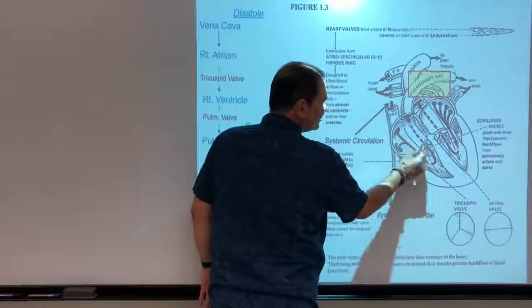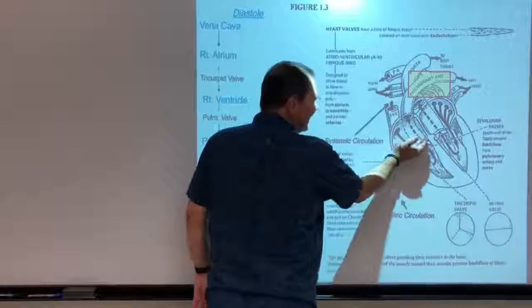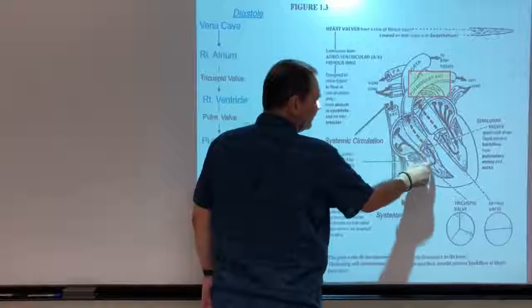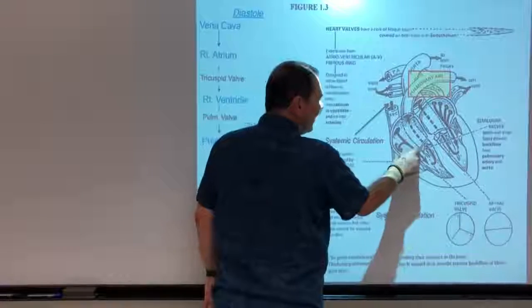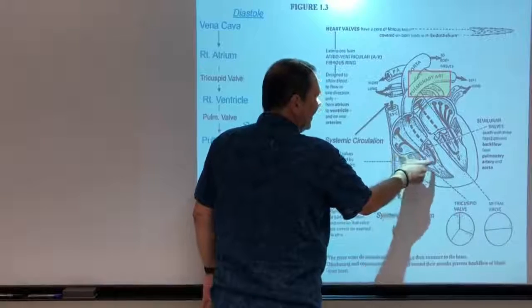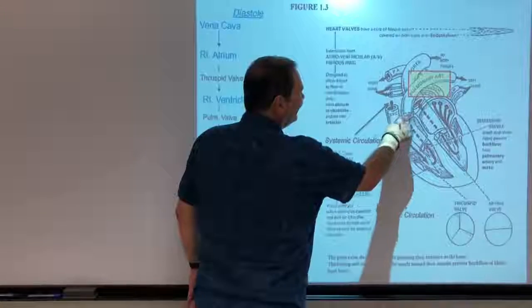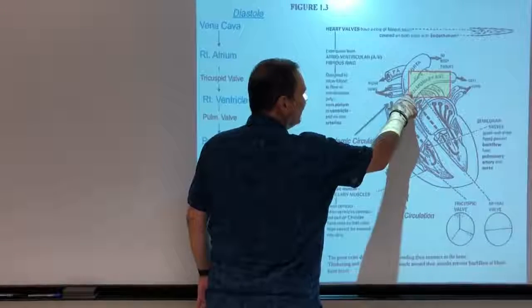The leaflets are shoved together. This valve closes, and although blood wants to flow from the ventricle to the atrium from high pressure to low pressure, the valve prevents that from happening. Instead, the pressure rises in the right ventricle and it exceeds the pressure in the pulmonary artery.